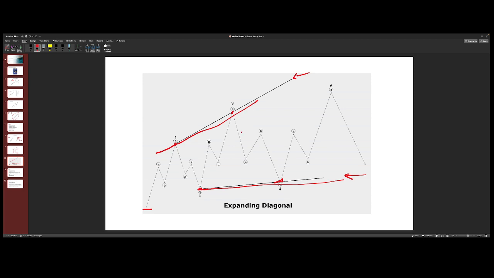They split because the length of the waves gets bigger over time.